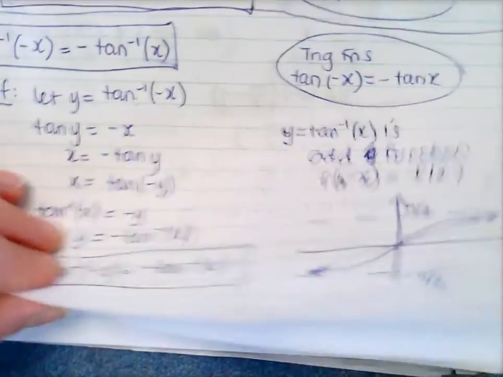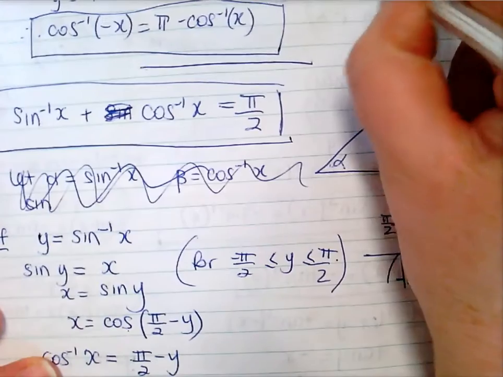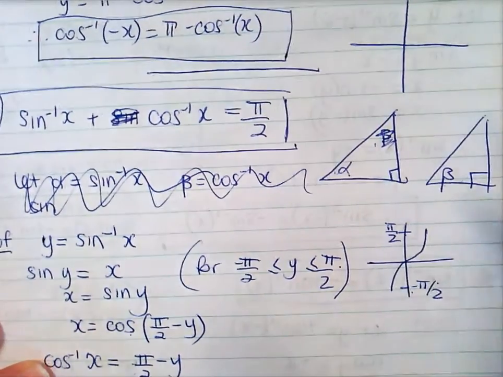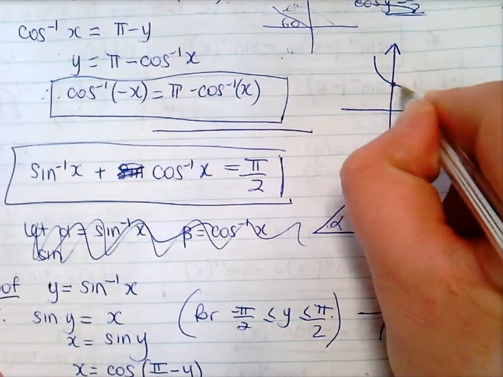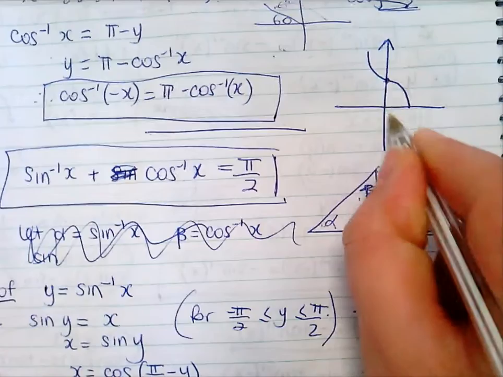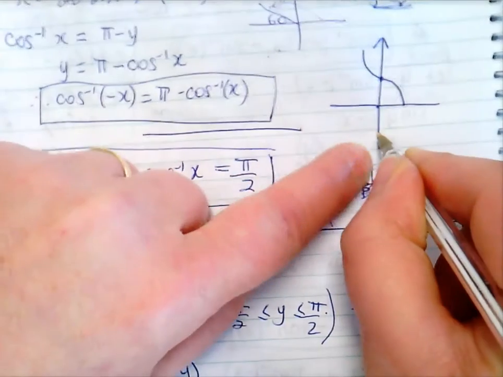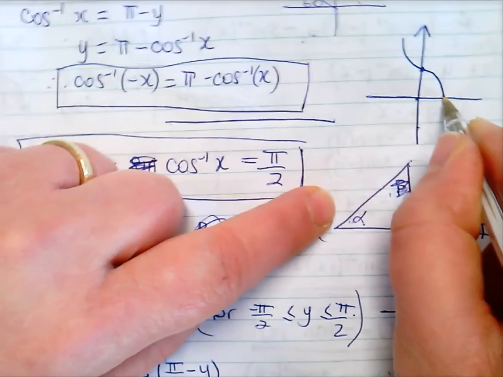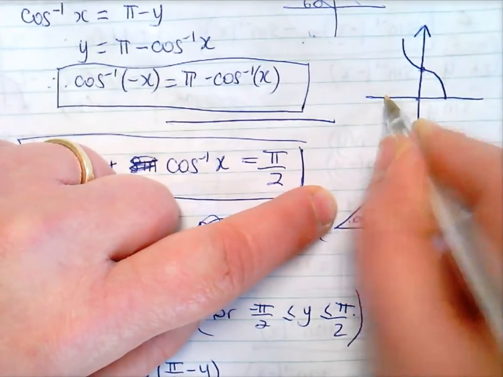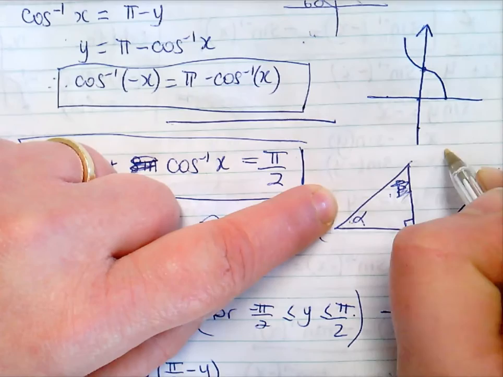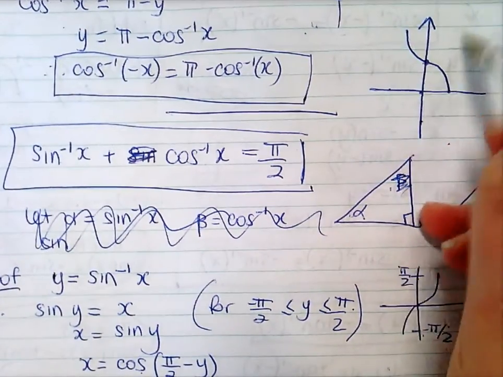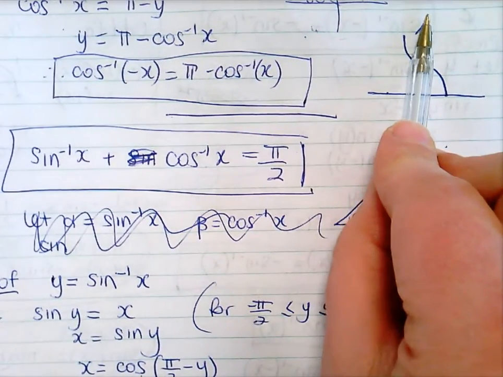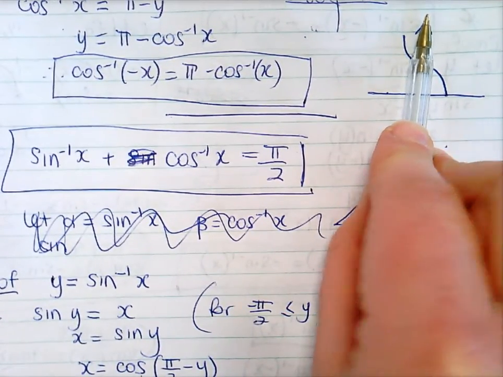Cos is not odd. I'll show you why. Cos is neither odd nor even. Here is cos. If I rotate that point about the origin, I should have the other part of the graph down here, matching, and it isn't. And if it was even, it would be symmetrical about the y-axis, and it's not.